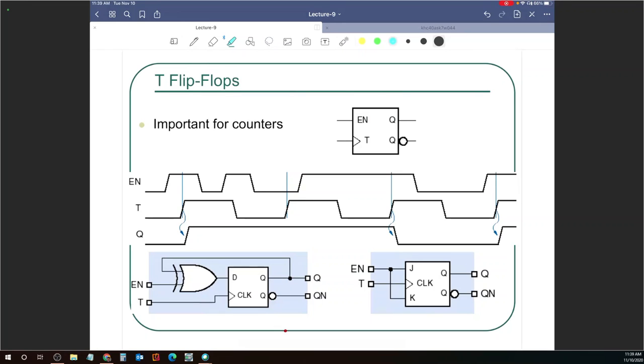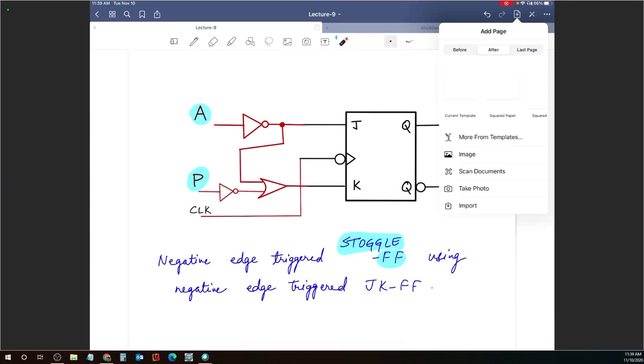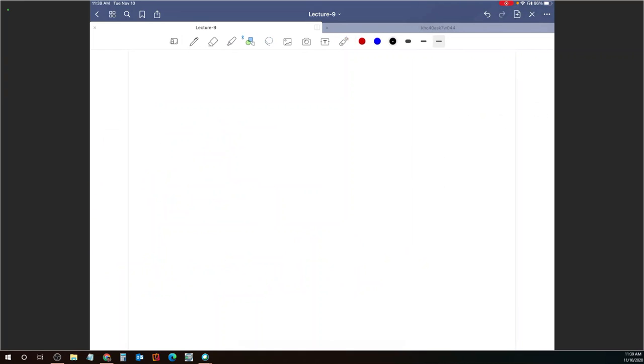Now, in this, we are going to use the clock enable input just as we did earlier. So the T flip-flop symbol typically is this. Let me show you here. Add a page after. So a T flip-flop symbol would be a box, a T input right there, clock input right there, Q and Q complement.